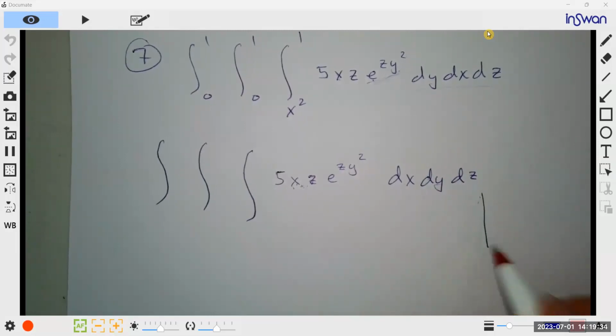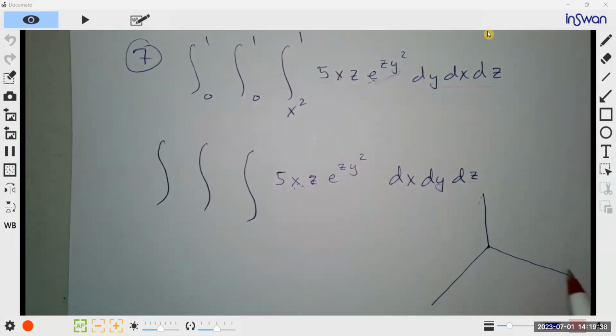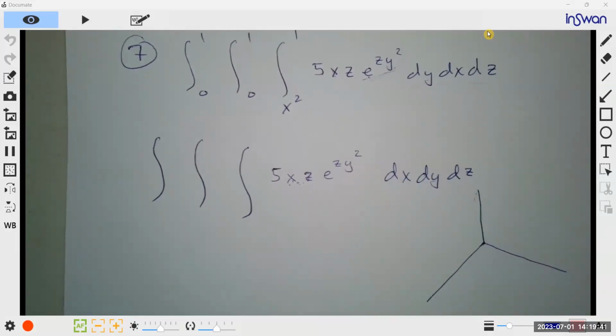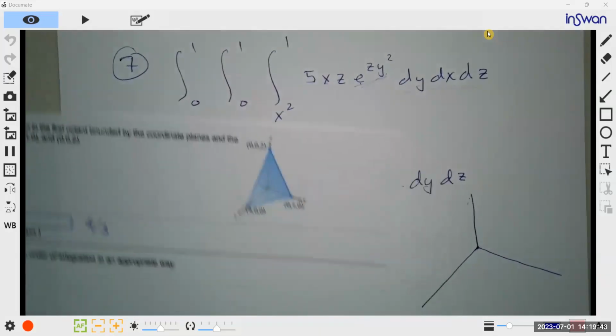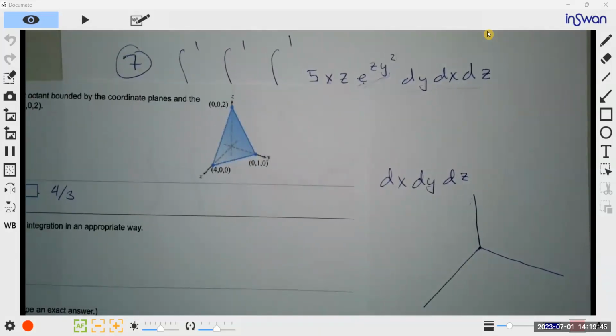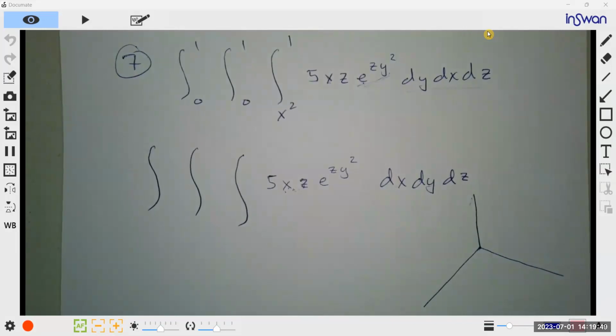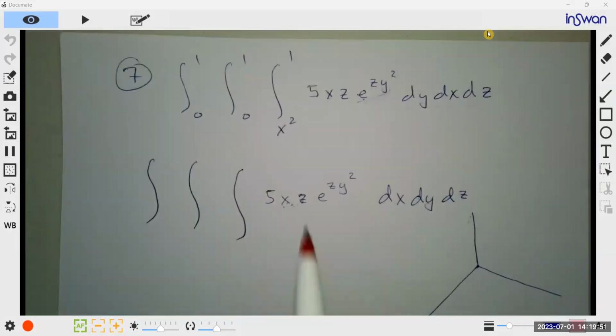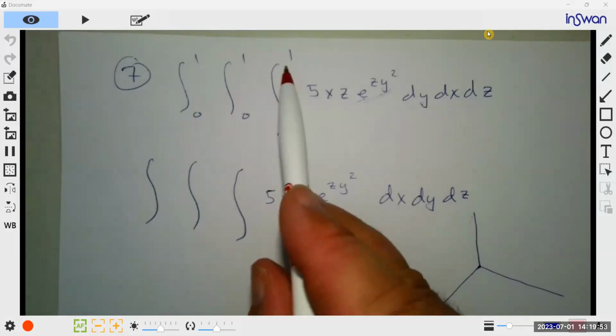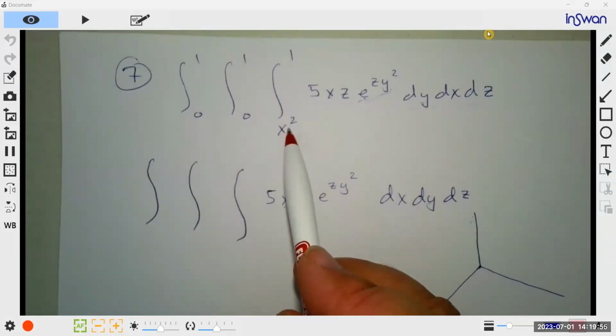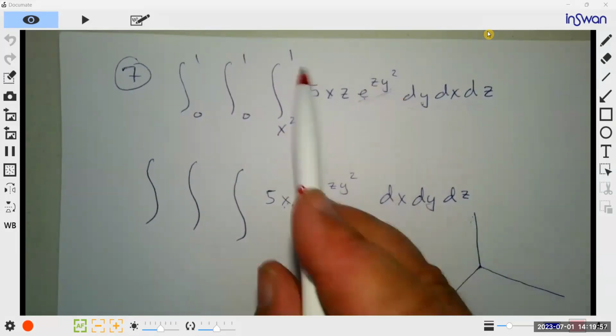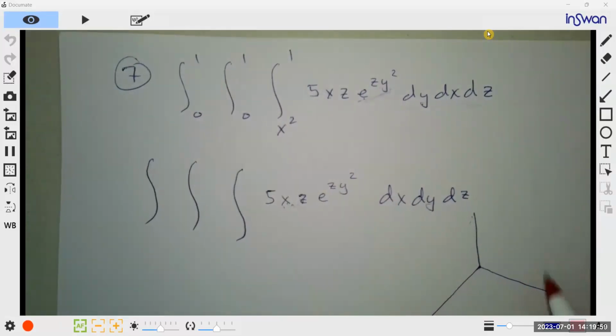Let's look at our graph. Since this is with respect to y, on the y-axis it goes from 1 to x squared.